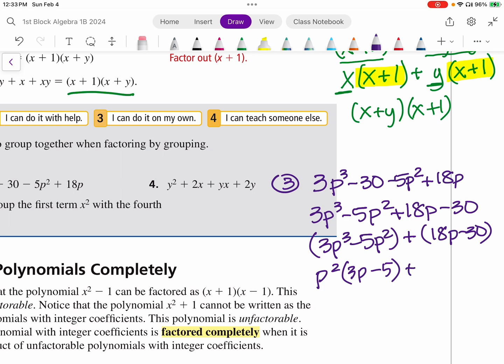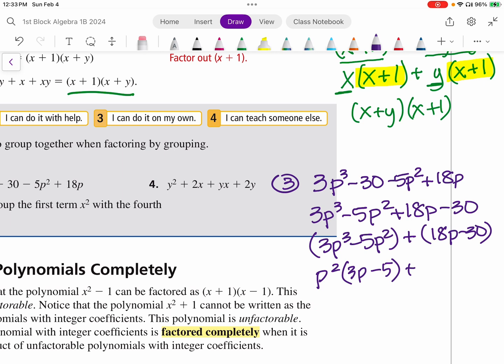Now, what's my greatest common factor for 18p and 30? Well, it's not p because only one of those terms has a p. So 18 and 30, well, they're both even, so they must both be divisible by 2. But I'll bet there's something bigger. I think they're also divisible by 3. 18 is divisible by 3. 30 is divisible by 3.